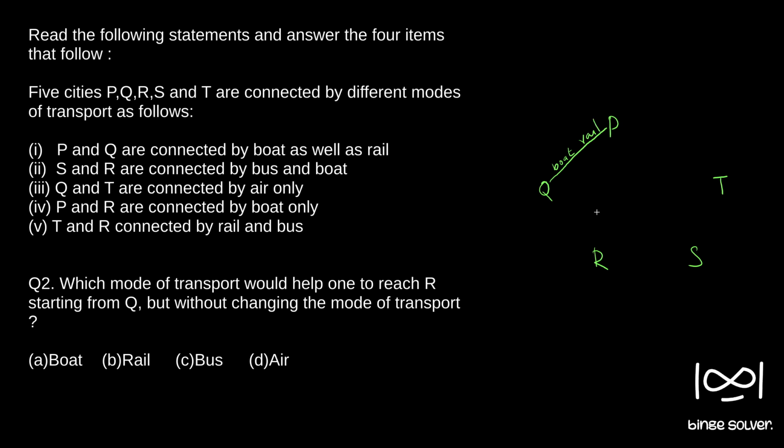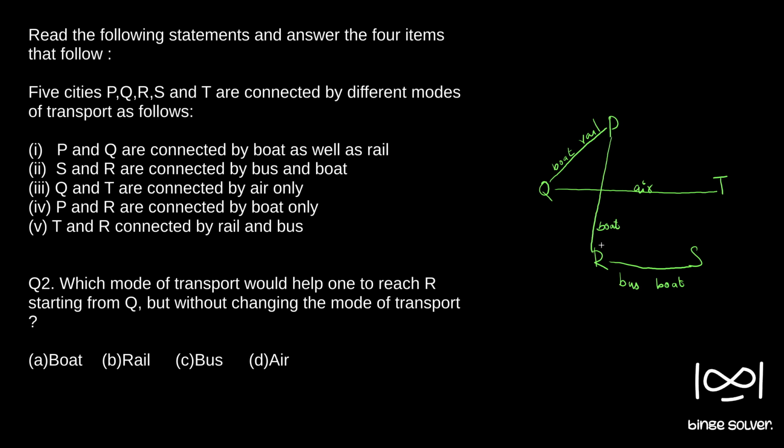Now S and R are connected by bus and boat. So S and R, bus, boat. Now Q and T are connected by air only.